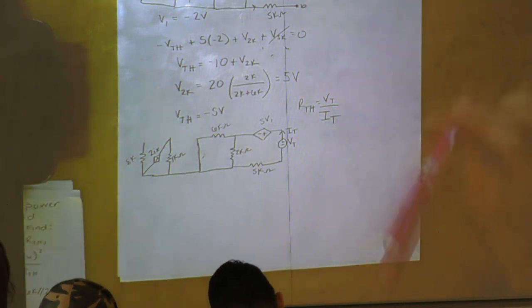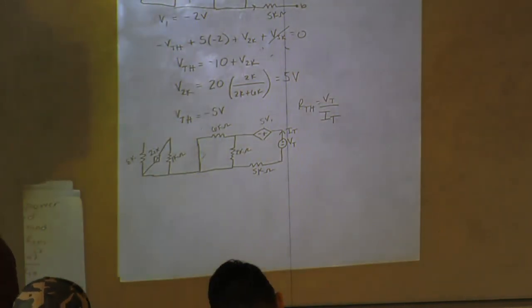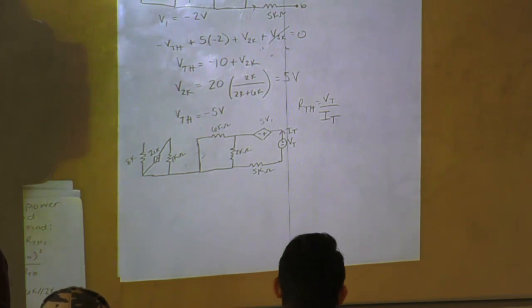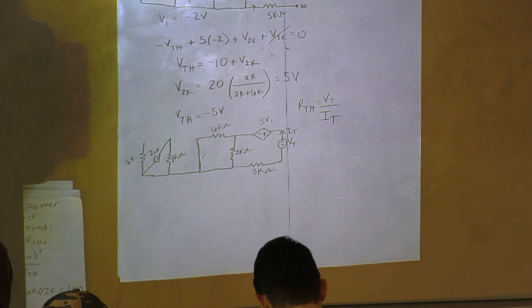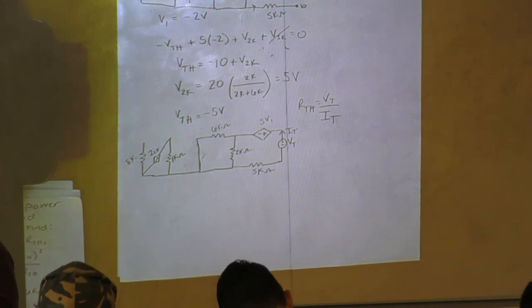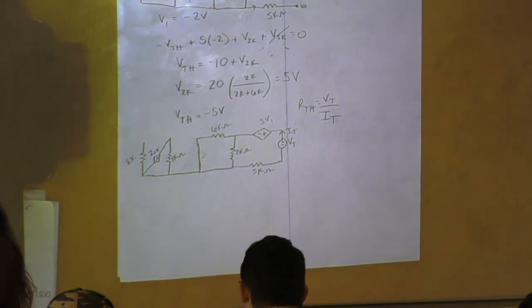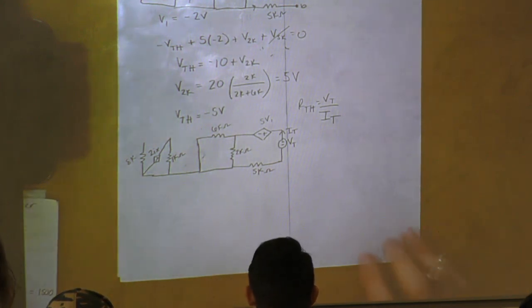So basically, we need to get all of our dependent sources in terms of VT and IT, and then we can find that ratio. If you have any constants without a variable, then you're probably doing something wrong because you won't be able to pull out VT or IT ever from those constants.